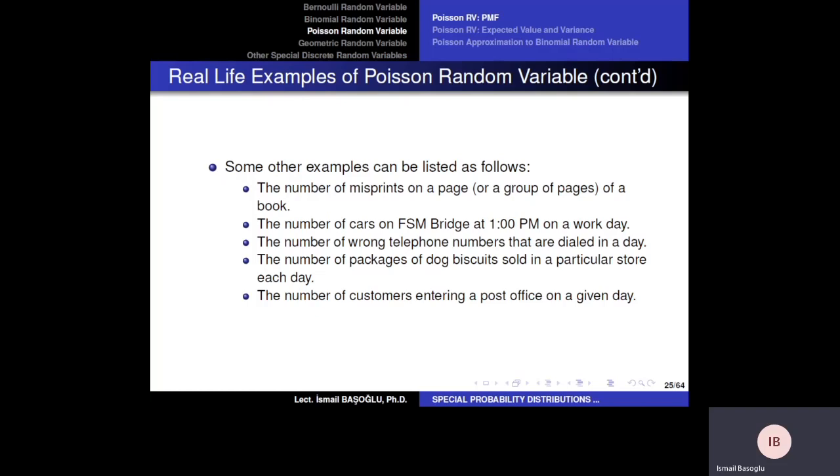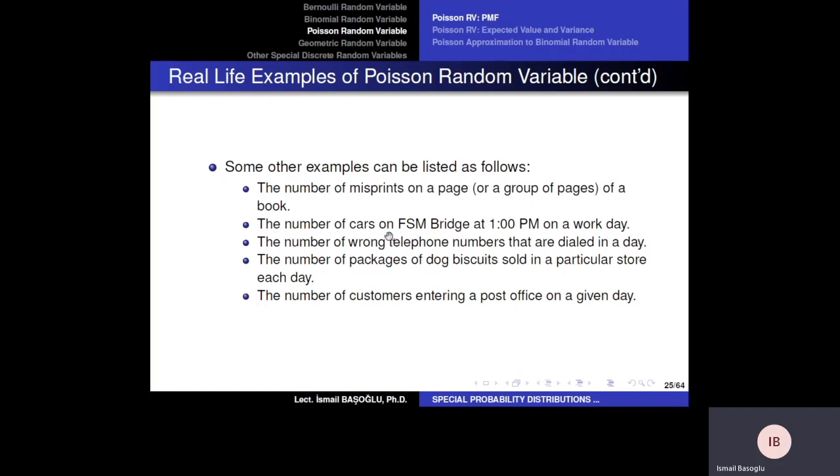Therefore, the potential number of experiments is very large. However, the probability of having a misprint is very small. And if we assume independence between the misprints, then we can say that the number of misprints in a page can be modeled with a Poisson random variable.